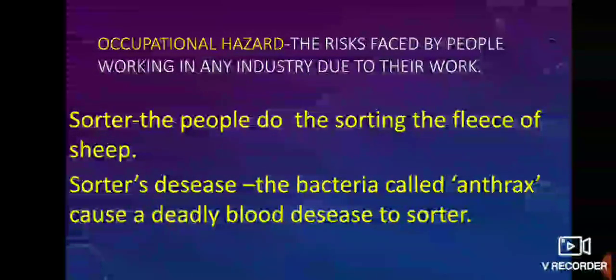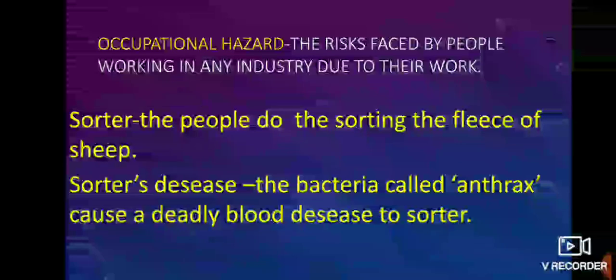This disease is caused by a bacteria called anthrax, which causes a deadly blood disease called sorter's disease. The wool industry is an important source of livelihood for many people in our country.